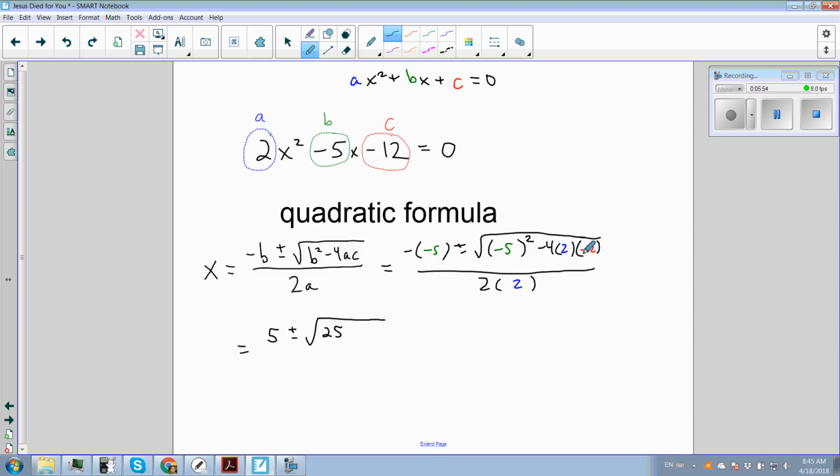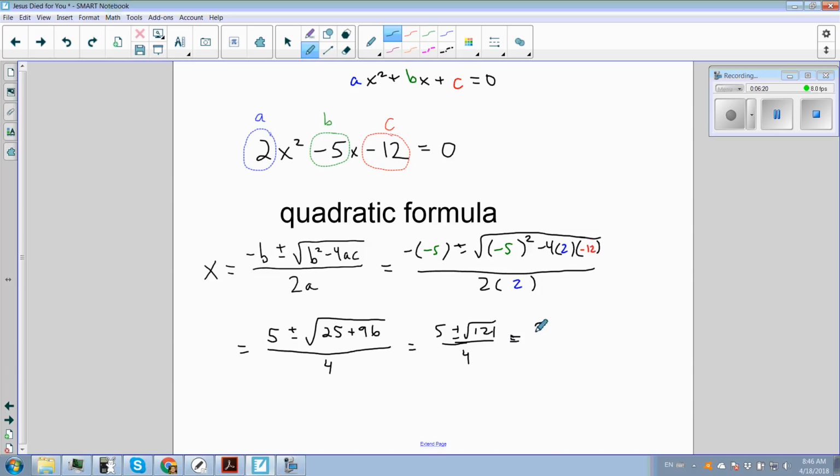So minus negative 96 ends up being plus 96, all divided by 4. So we've got 5 plus or minus the square root of 121 divided by 4.